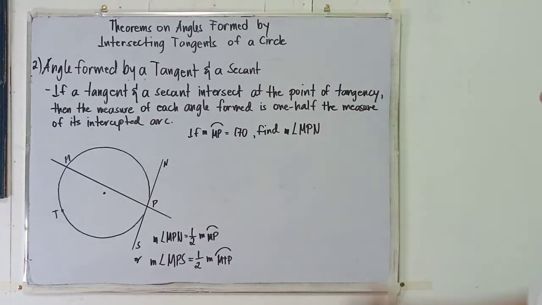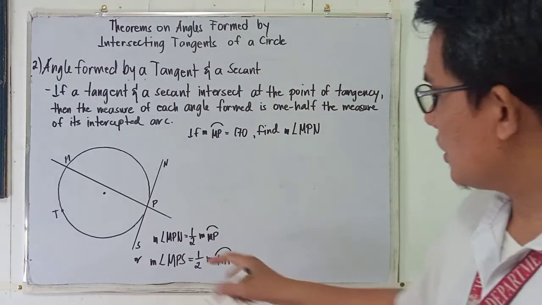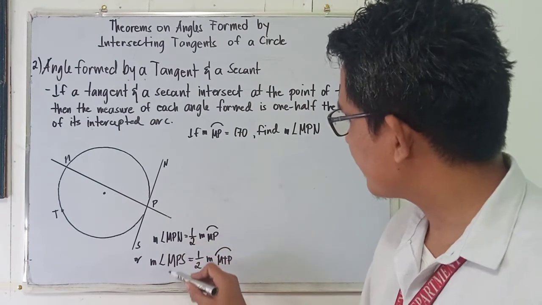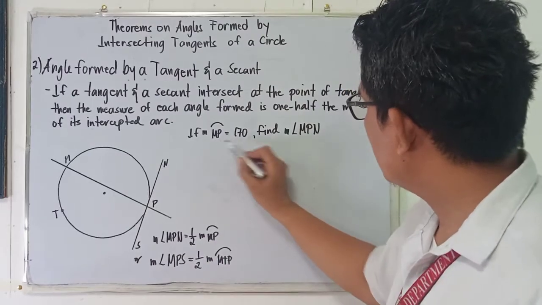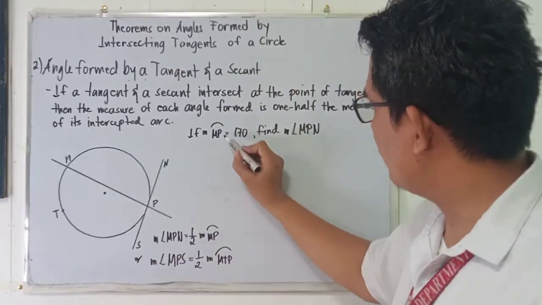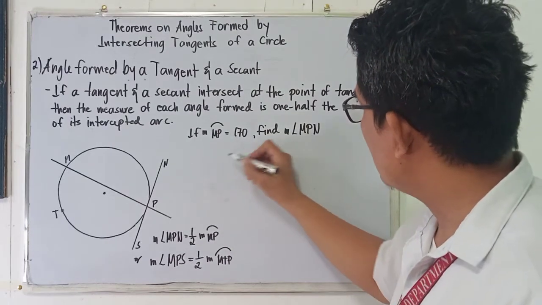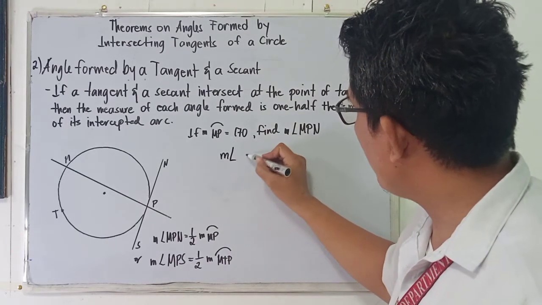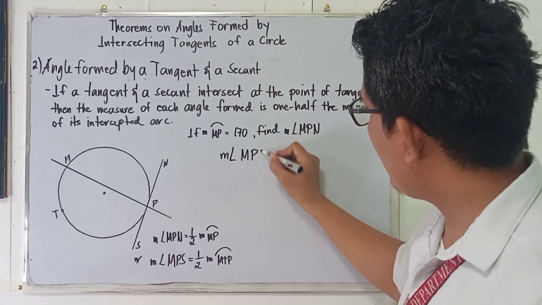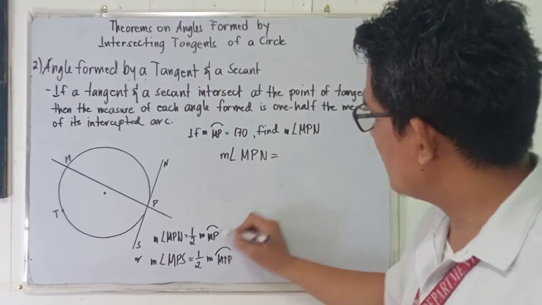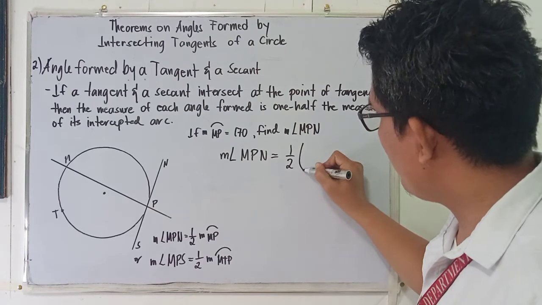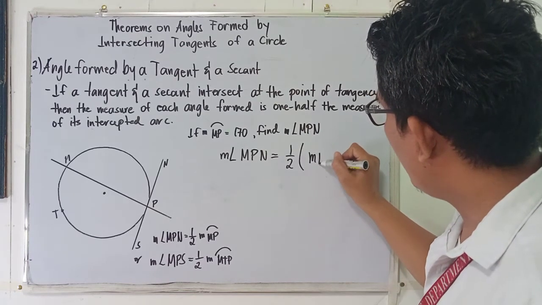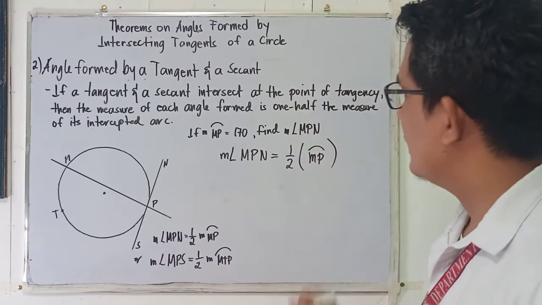For example, if arc MP is 170, find the measure of angle MPN. By using this formula, the measure of angle MPN is equal to 1/2 the measure of arc MP, which is given.